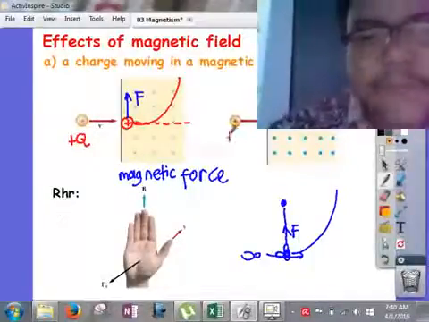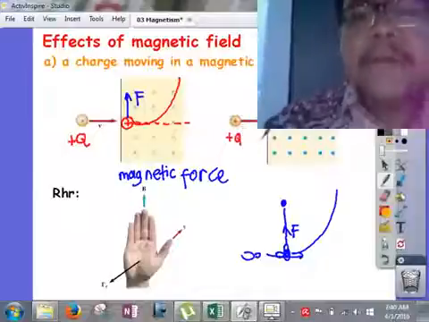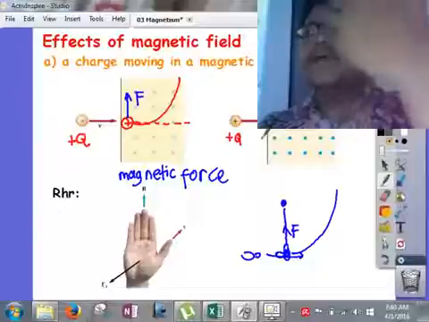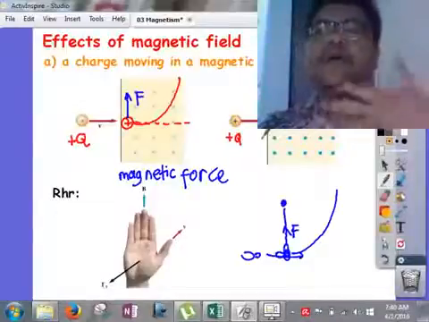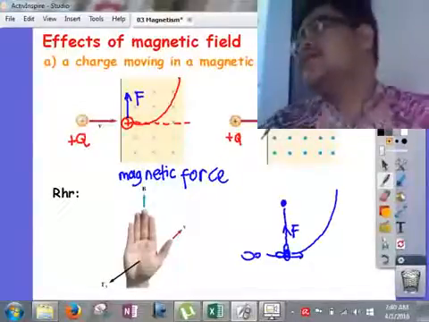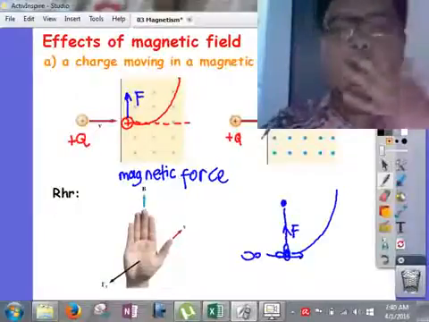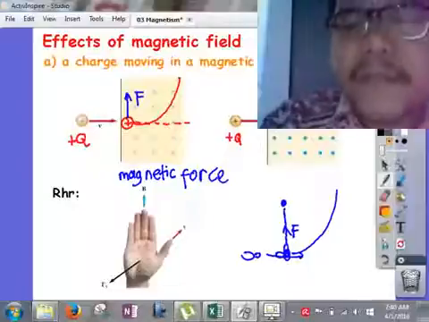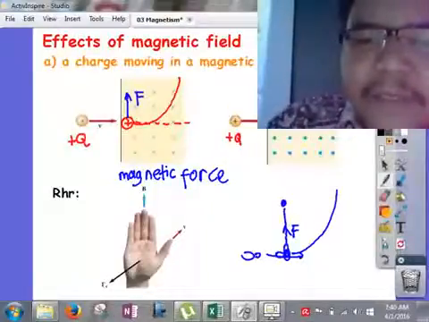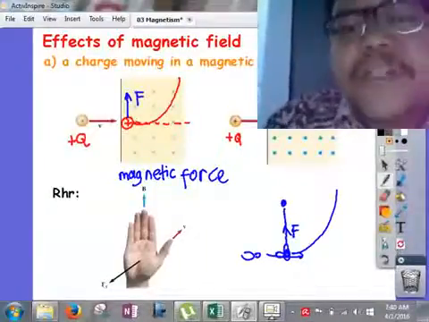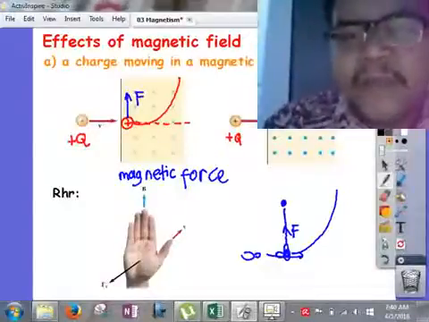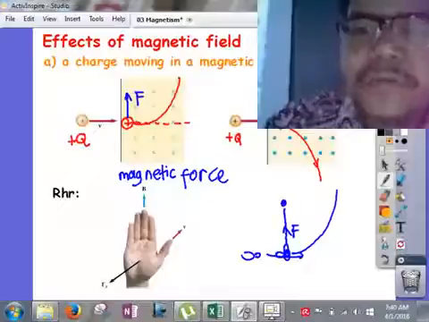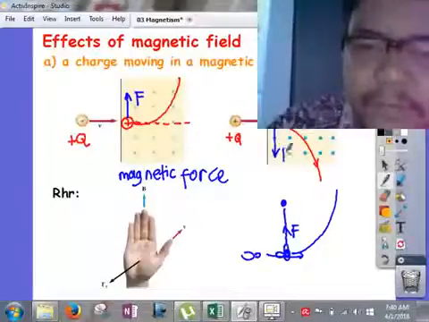This is also a positive charge moving in a magnetic field that comes out toward the reader, or outside the paper. What will happen? It should be going straight, but it's not. It's moving this way, so downward.